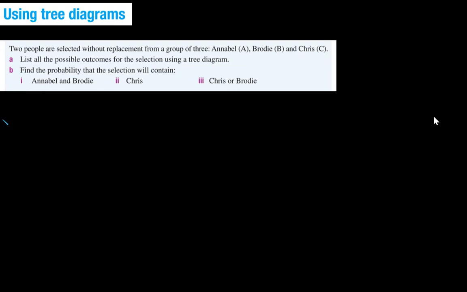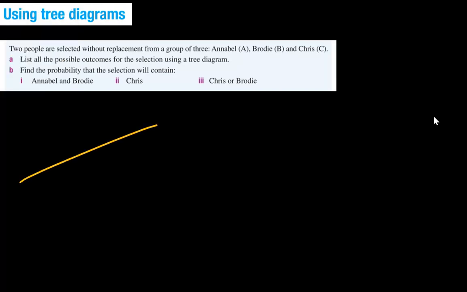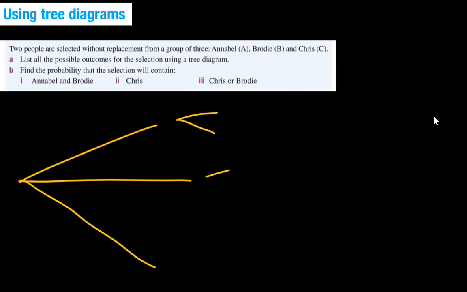Okay, so let's have a quick go at doing this. So we're going to draw the tree diagrams. So we've got Annabelle, Brody, Chris.